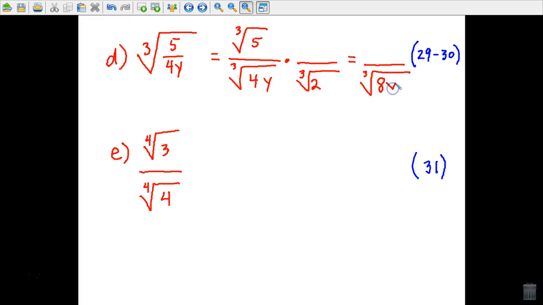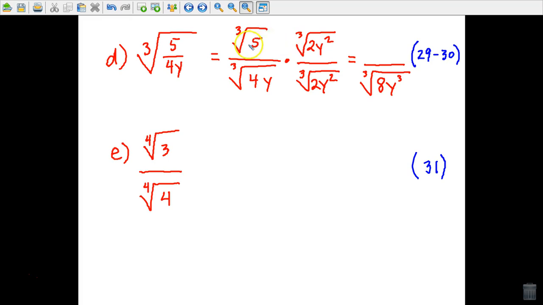If this were just y to the third, it'd be great because the cube root of y to the third is just y. To make it y to the third, I'm going to have to multiply y times y squared. So I found what needs to multiply top and bottom of the fraction.